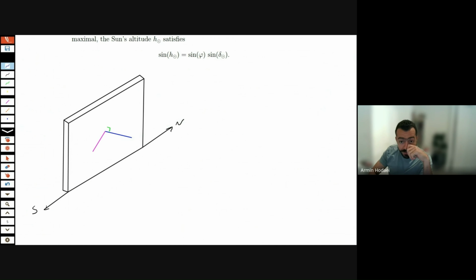So as the sun moves, this shadow is going to rotate on the wall. At some point it's here, then it's going to move here. It's rotating.